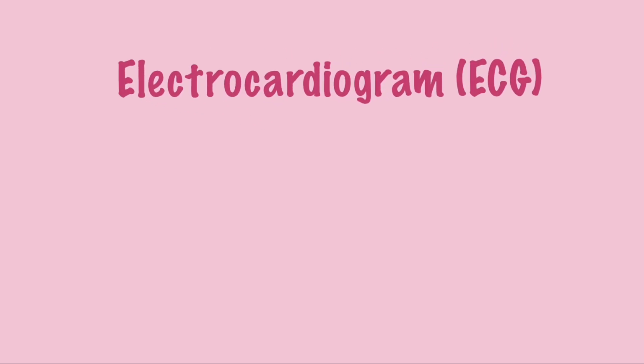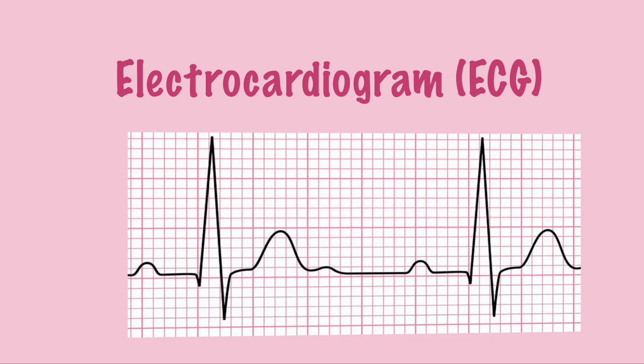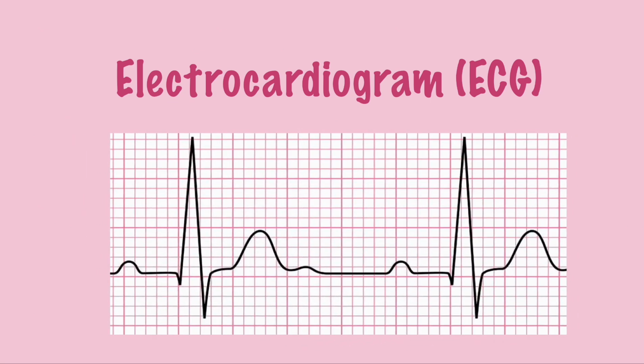A healthy functioning heart also demonstrates a specific waveform on an electrocardiogram, also known as ECG. The ECG consists of a P wave, a PR segment, a QRS complex, a T wave, and an isoelectric line.